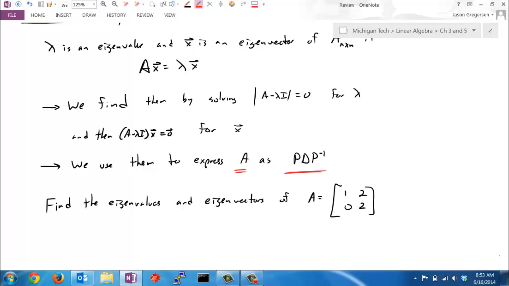All right, don't look at the key. Finish your problem. Look at the key on your own time.